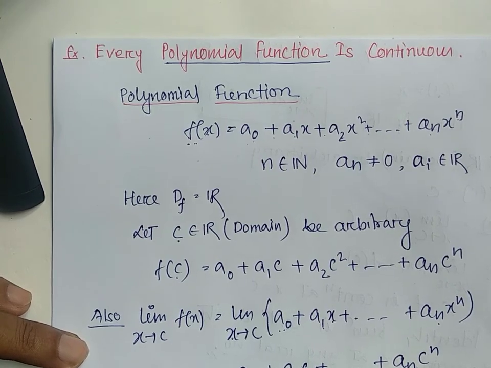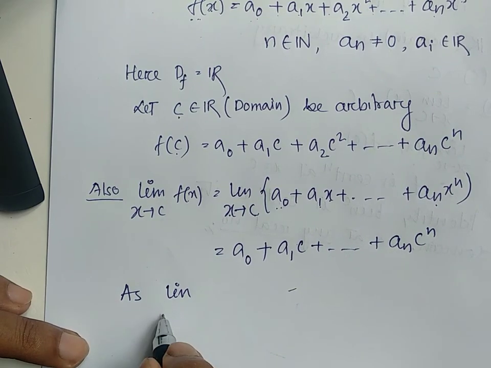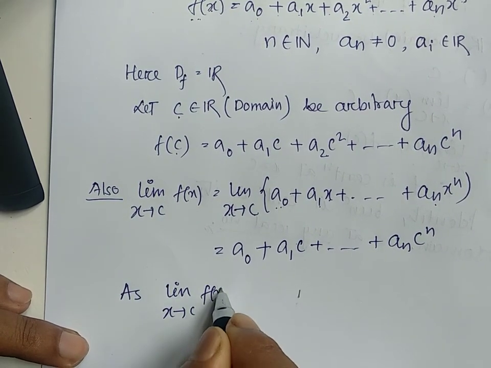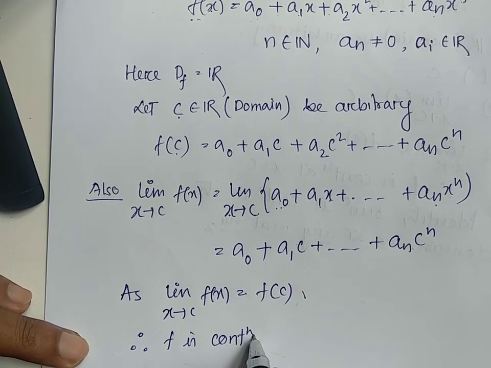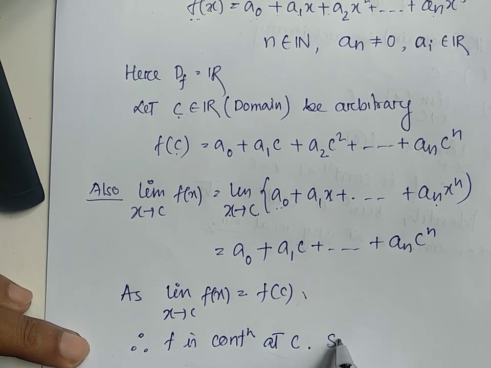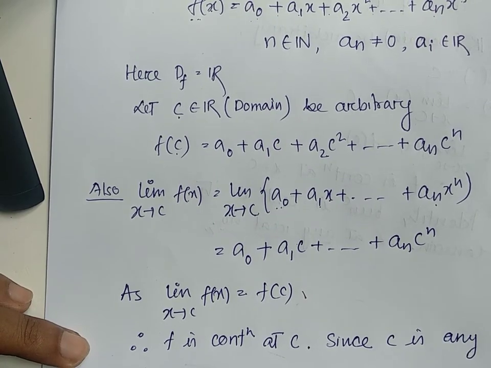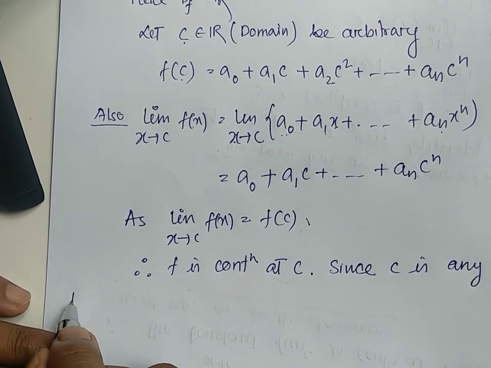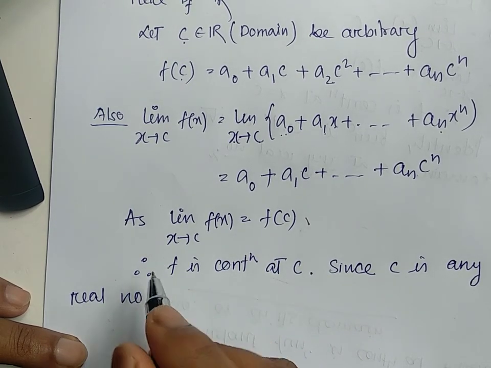What you have got is limit x tends to c of f(x) is equal to f(c). Therefore, what can we conclude? That f is continuous at c, since c is any real number.